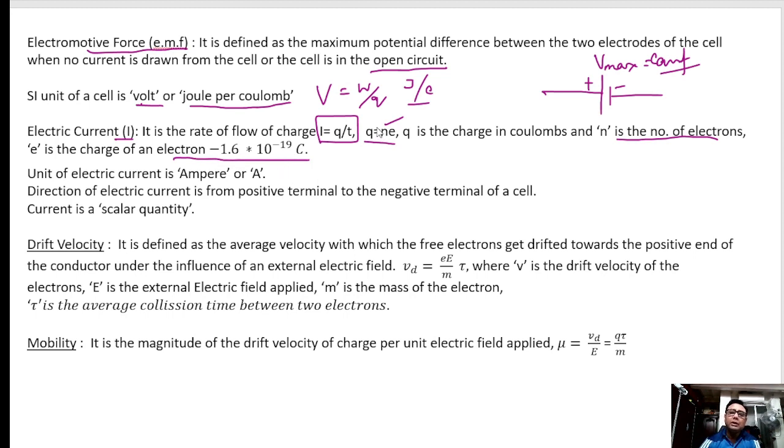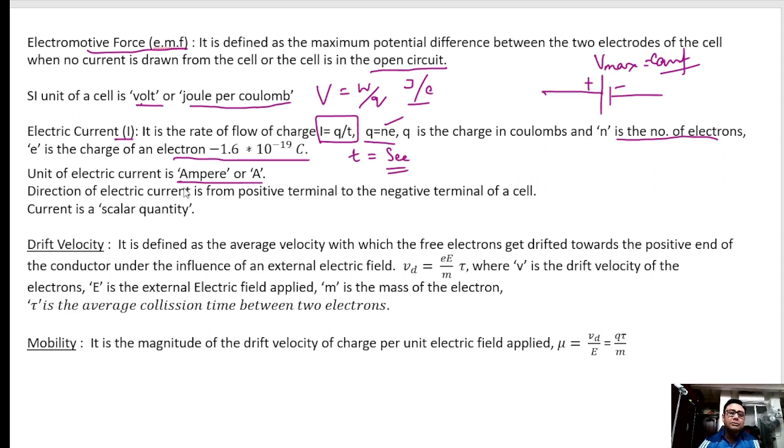We divide the charge by the time T, which should be in seconds. The SI unit of electric current is ampere.